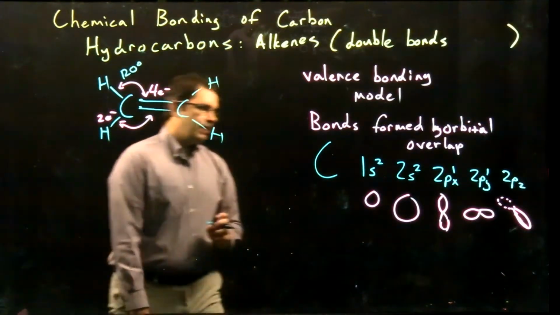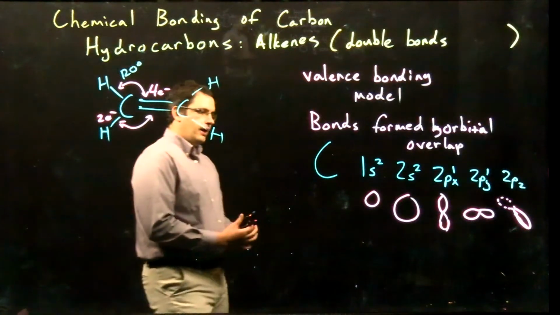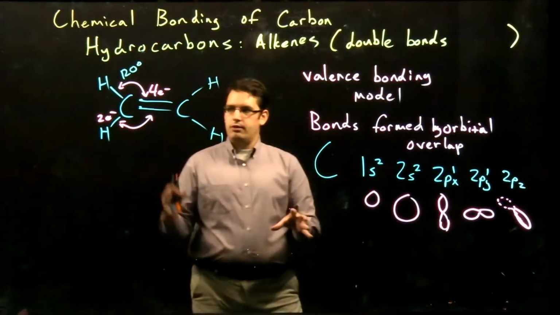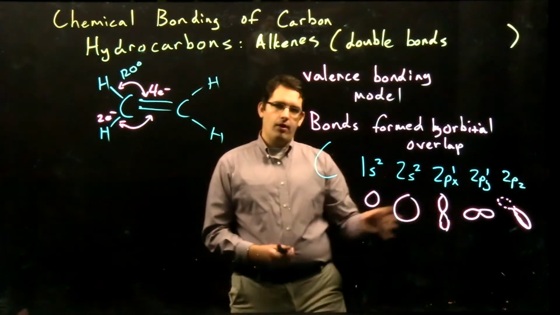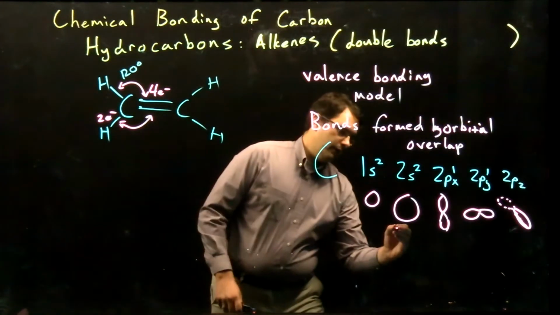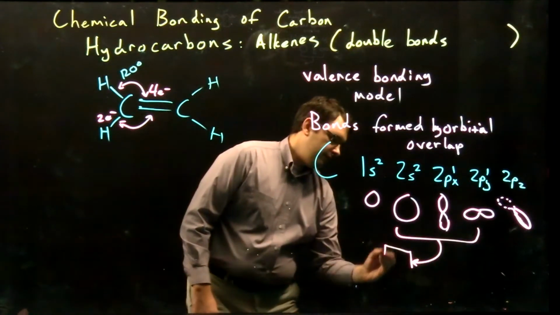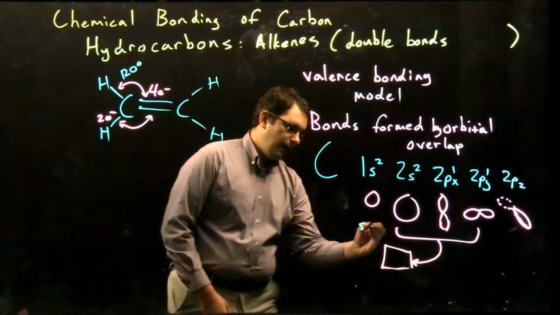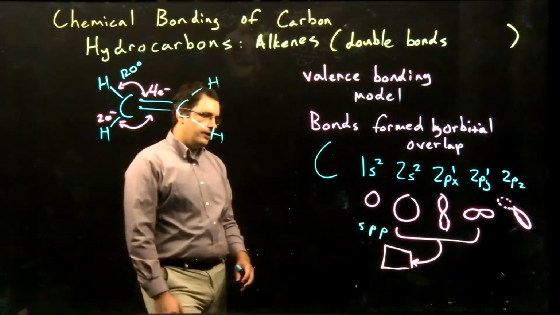Now how can we make that shape using our orbitals? Since we're only bonding with 3 different atoms here, we're just going to take 3 of our orbitals and smash them together to make our hybrid orbitals. So we're going to do our same hybridization, grab 3 of those orbitals, smash them into a box. So now we're taking an s, a p, and a p, and we're going to use those to make our 3 bonds at 120-degree angles.